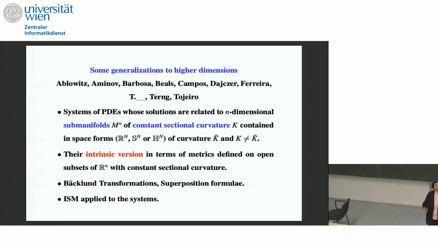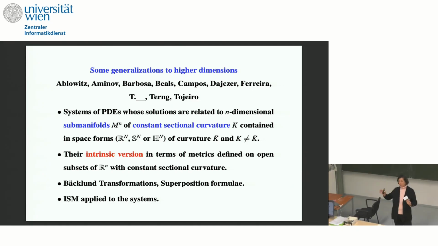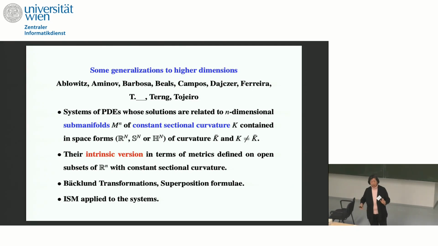And so you can go to higher dimensions, and then you have a vector, which gives you the first fundamental form in higher dimensions. And so you can imitate what was done in the two-dimensional case. Then you require that the submanifold has constant curvature K, different from the constant sectional curvature of the ambient space, A bar.